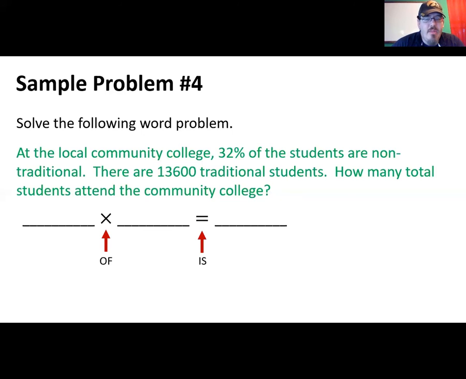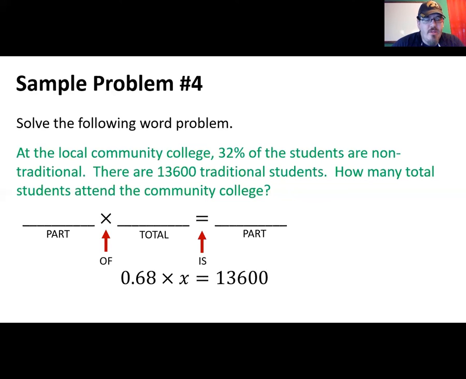The number that comes before the times, like the percent or fraction or decimal, represents part of the total amount. The answer on the right-hand side of the equal sign is also part of the total. So when you fill in either the percentage or the part on the right, they have to be talking about the same thing.